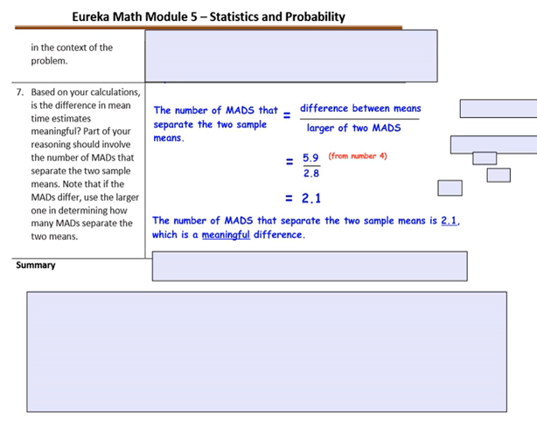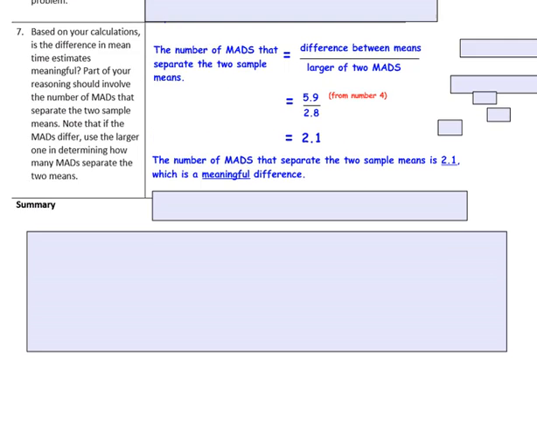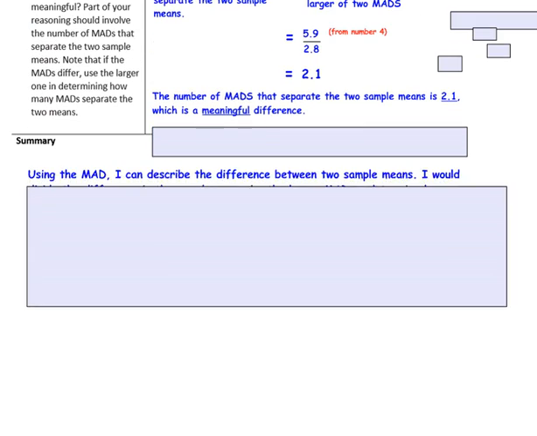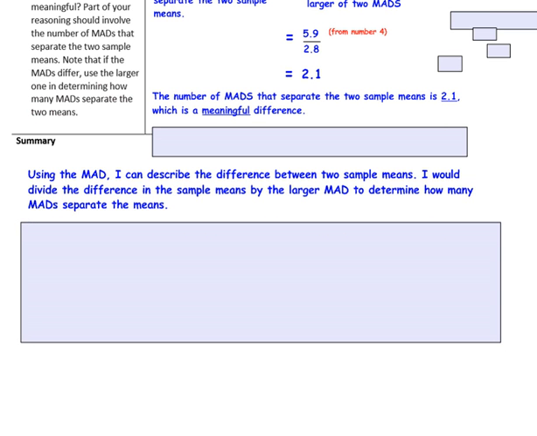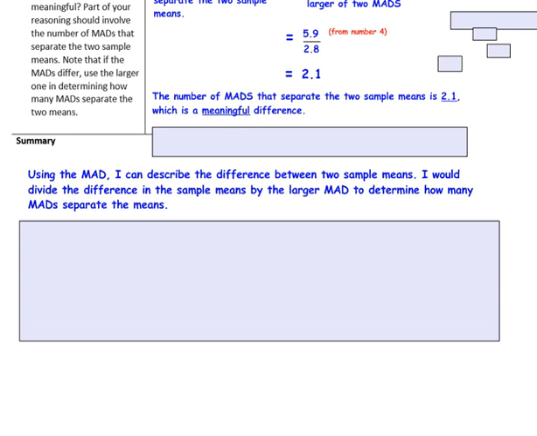We'll talk more about what a meaningful difference is in future lessons. In this lesson, you have learned, using the MAD, I can describe the difference between two sample means. I would divide the difference in the sample means by the larger MAD to determine how many MADs separate the means.